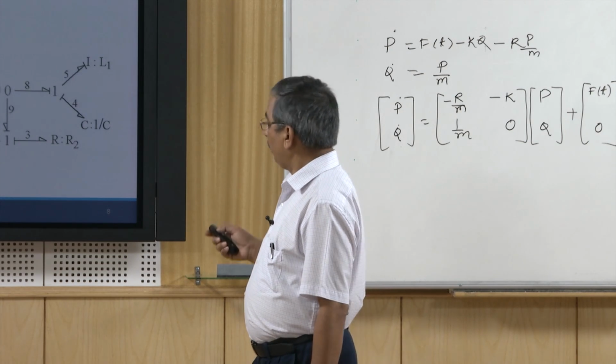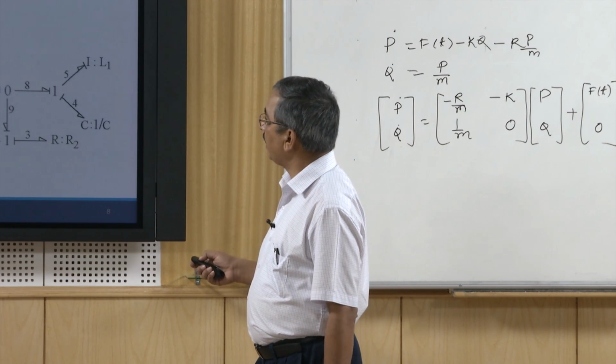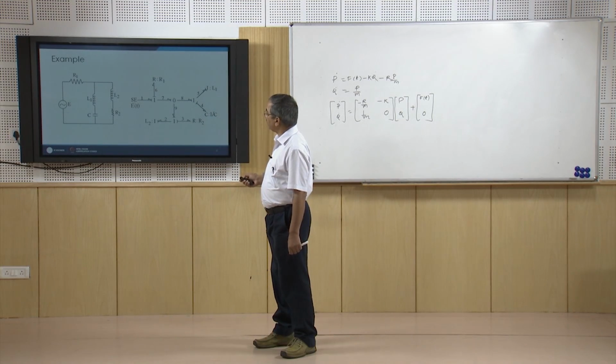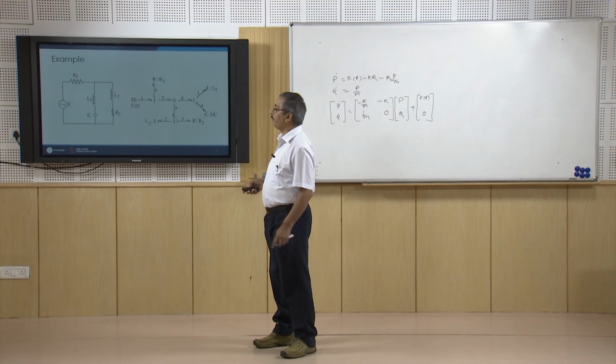Fine. So, to derive the bond graph of this system, you can see here that this system is composed of a voltage source, a resistance, here inductor and capacitor are in series, and again here inductor and resistor are in series, and of course these two are in parallel.